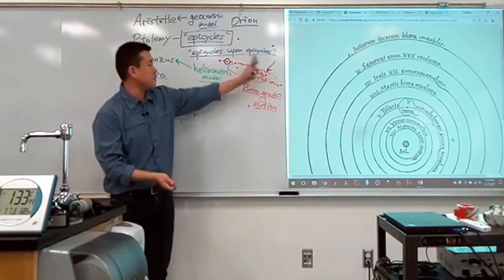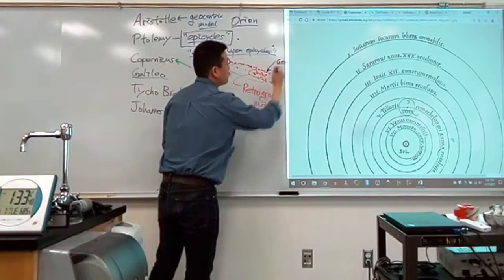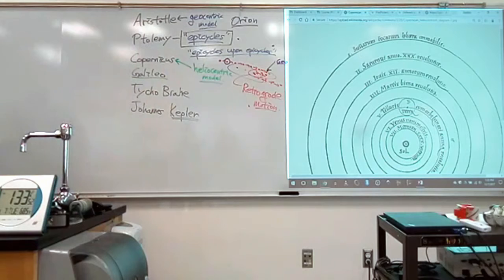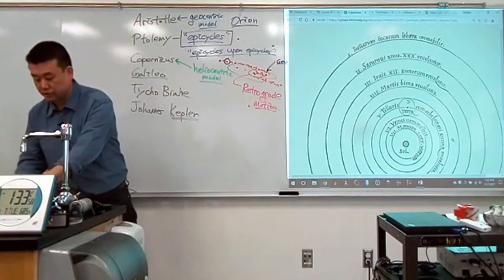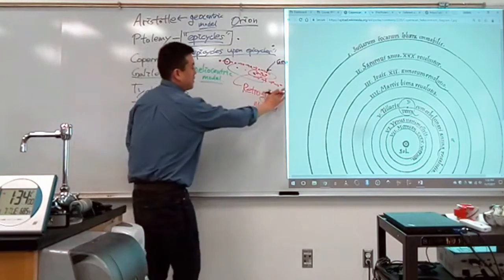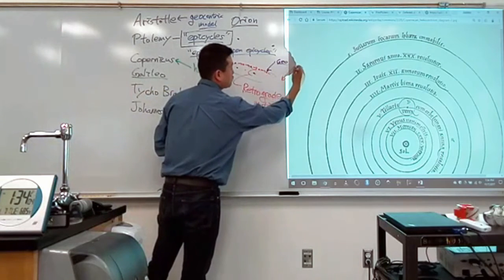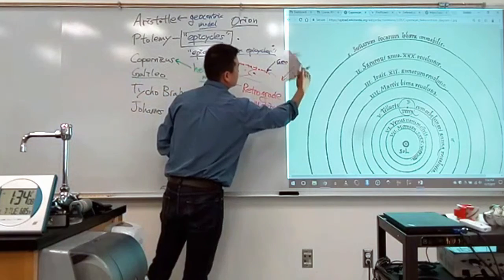So let's say this purple is the prediction based on the geocentric model. And let's say the Copernican heliocentric model makes a different prediction. The Copernican heliocentric model makes the prediction, let me erase all these, that Mars will be here. This is the Copernican model. So I guess I should say helio.